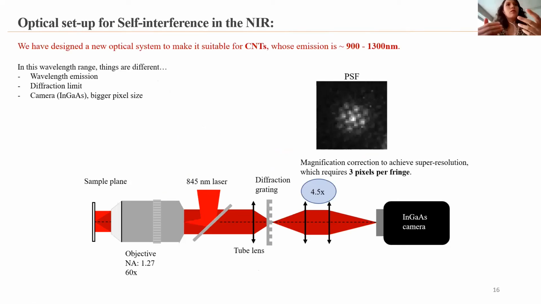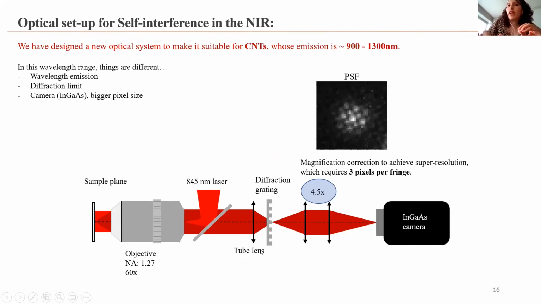To do so, we have to redesign a new optical setup to make it suitable for carbon nanotubes. Why? Because in this wavelength range, things are different. We have different emission wavelength, different diffraction grating, and we use a different camera, which has a bigger pixel size. So the optical setup looks like this. Again, we have the sample, the microscope.